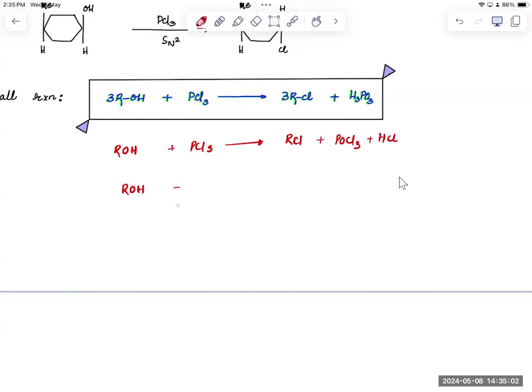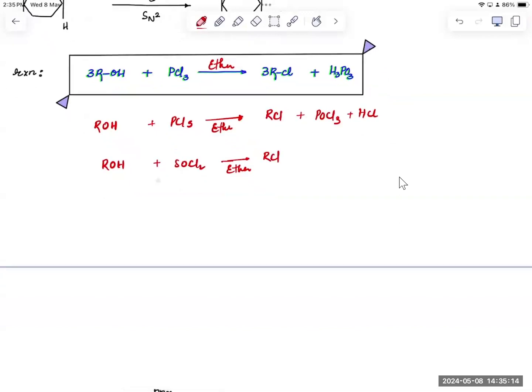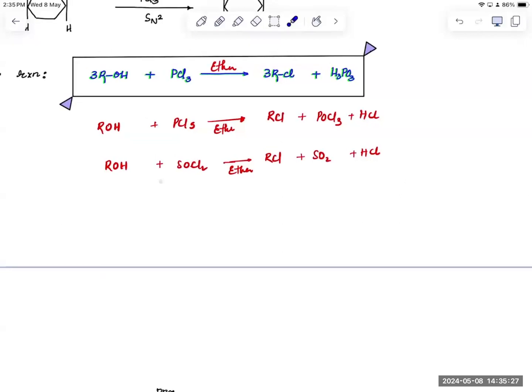When you take ROH plus SOCl2 in ether, ethers are the most favorable solvents in this case. So we will get RCl plus SO2 plus HCl. So these are the 3 important reactions for preparation of alkyl halide from alcohol. Everybody clear on this point?